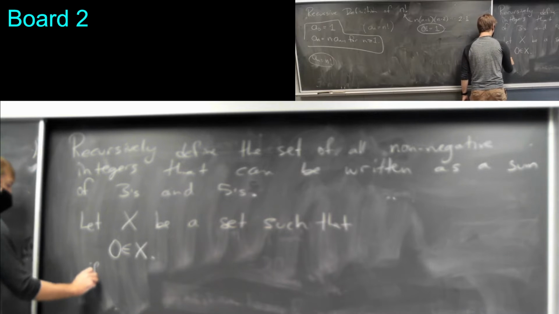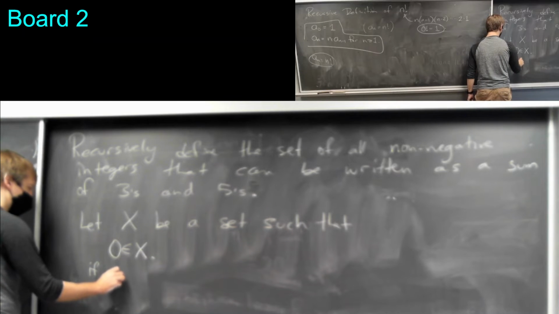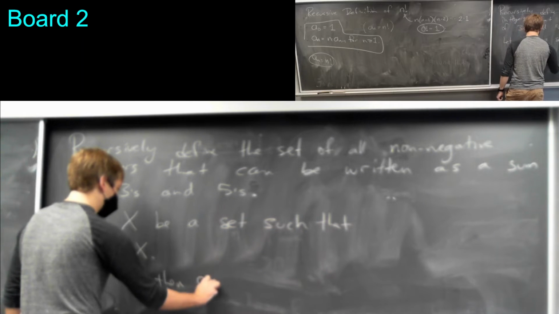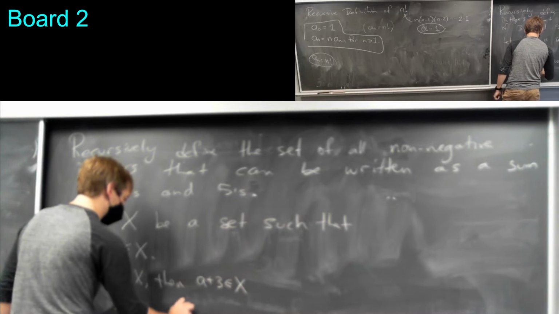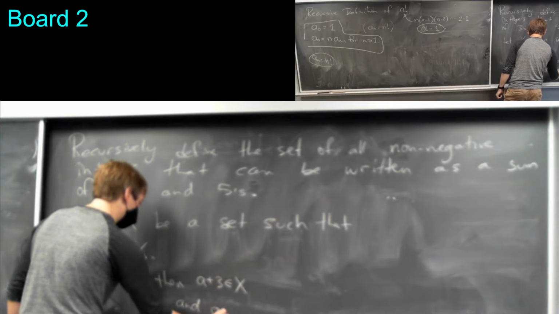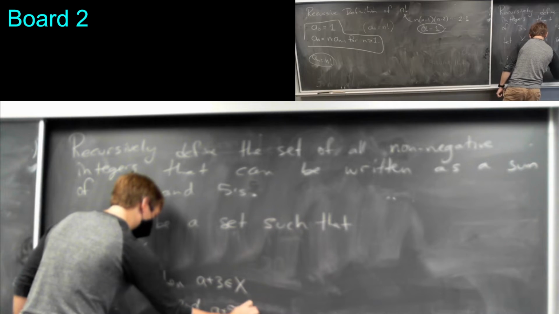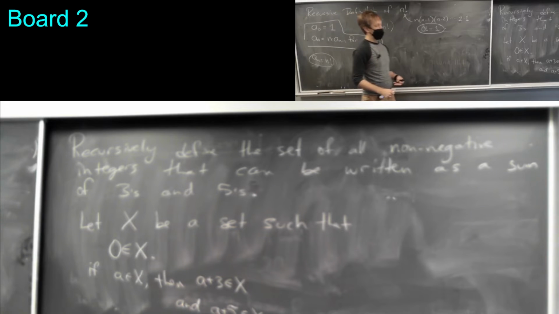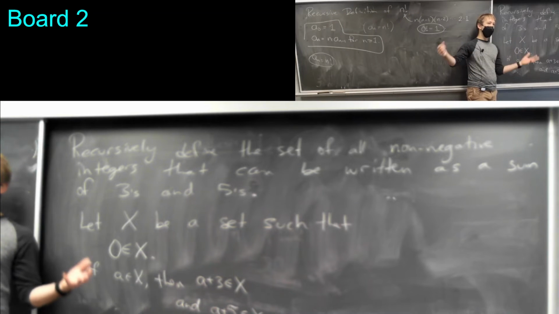And then the recursive part is that if, let's say, a is in X, then a plus 3 is in X, and a plus 5 is in X. Okay. And this is going to generate all the numbers that can be written as sums of 3s and 5s, right?